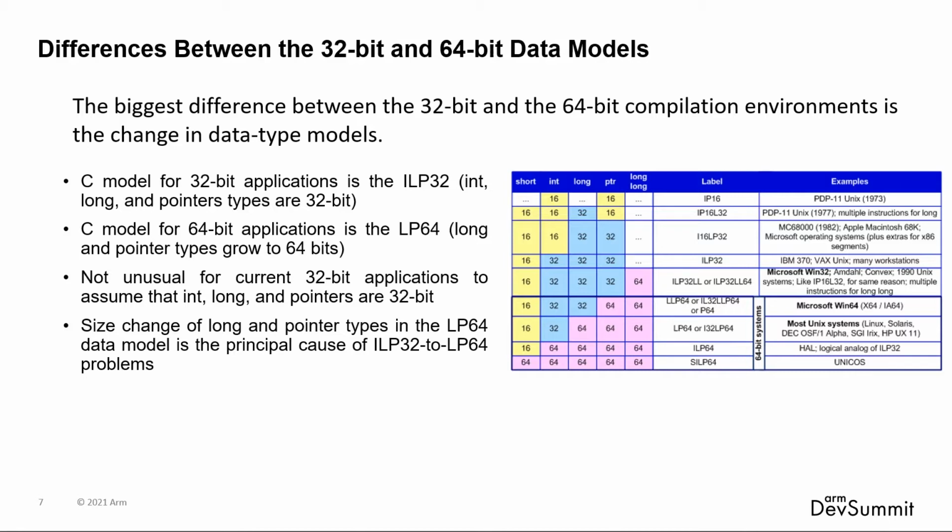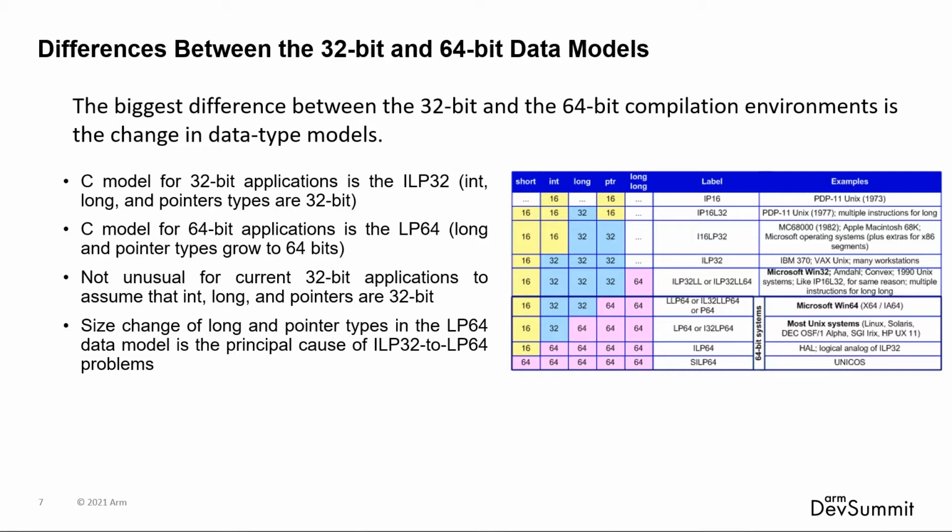Then you cross over, and now things change. You have IL32, LLP64, where integers and longs both remain 32 bits, and long longs and pointers are 64 bits. Or the more common I32, LP64, where integers remain 32 bits, but longs and pointers are now 64 bits. This is the model that we'll be focusing on today.